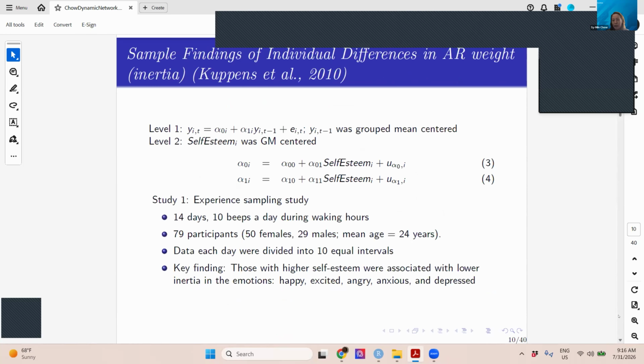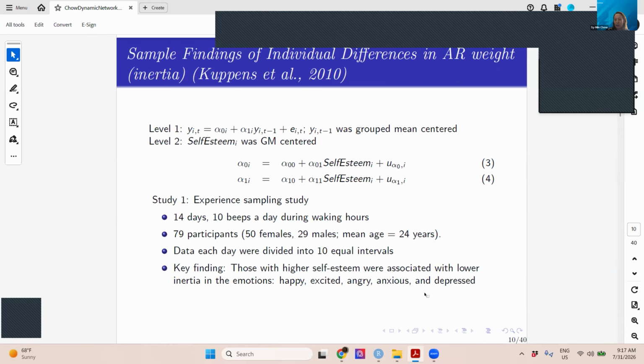I've already mentioned that the intercepts and the inertia, or autoregressive weights, can be of interest. Koval and colleagues have found, for example, that people with higher self-esteem tend to have lower inertia in emotions. They tend to get back to their equilibrium or set points more quickly, right?